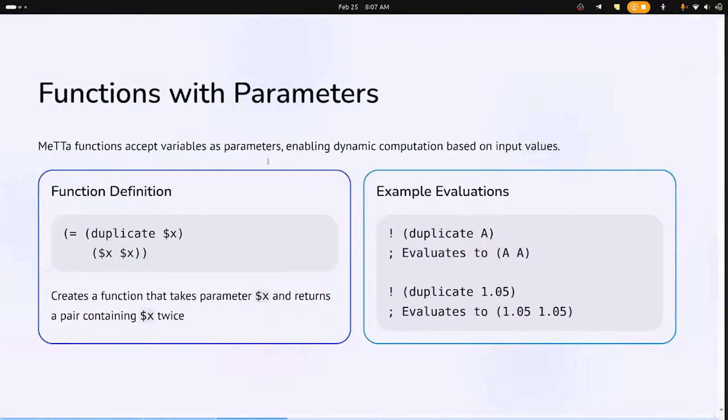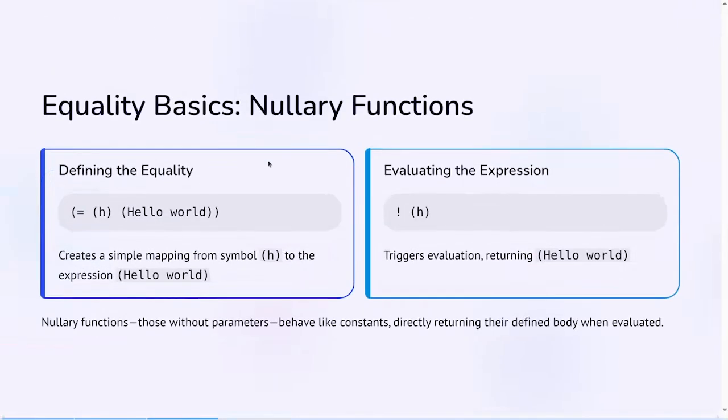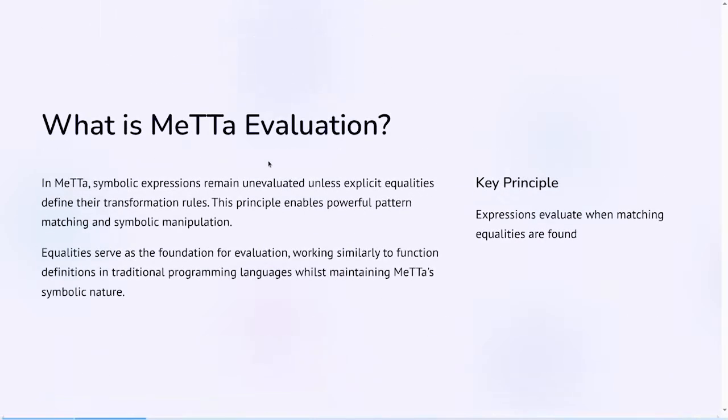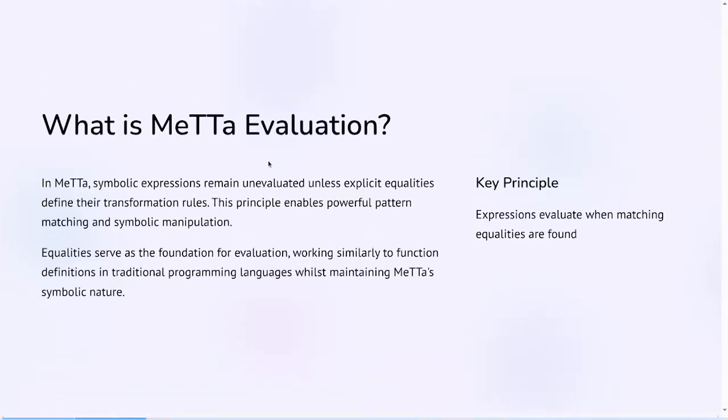So for those of you who missed the introduction session, we are seeing how we define equalities in MeTTa, or what we call evaluations. An expression or a symbol, if it's defined as it is without equalities, when we try to call that expression or that symbol, it just returns itself without reducing it, right?